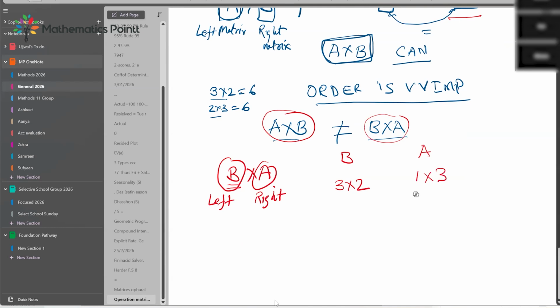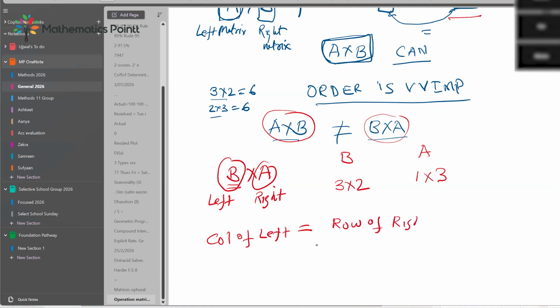Now, according to my condition, the columns of the left matrix must be equal to the rows of the right matrix in order for the product to exist. Let's look at it.